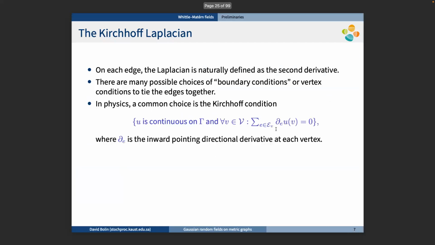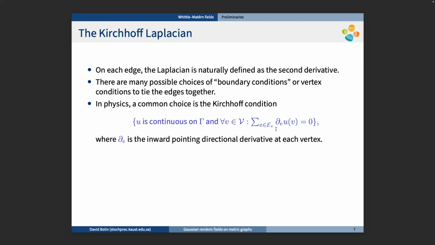And a popular choice in the physics literature are the so-called Kirchhoff conditions. So this says that basically the vertex conditions are that we should have continuity, and we have this sum to zero constraint on the directional derivatives going into the vertex from the different edges that are connected.